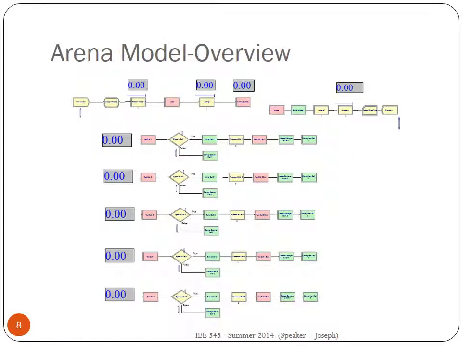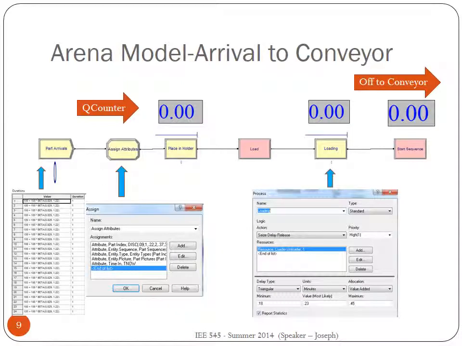This is a high-level overview of the model. As you can see, it's very complex. It describes all the 5 different test cells and the loading and unloading of the conveyor belt as well. So to explain the model, I divided it in 3 pieces. The first one is the arrival to the conveyor. As you can see, the part arrival shows the beta distribution.